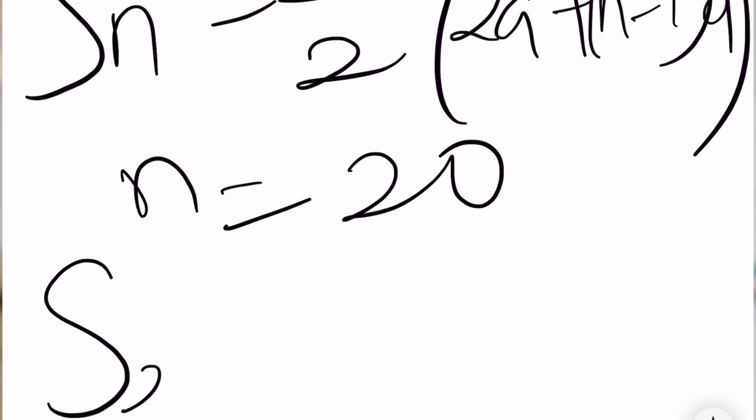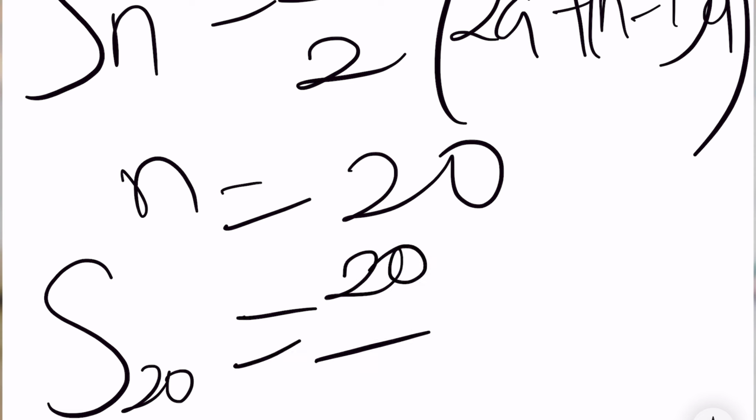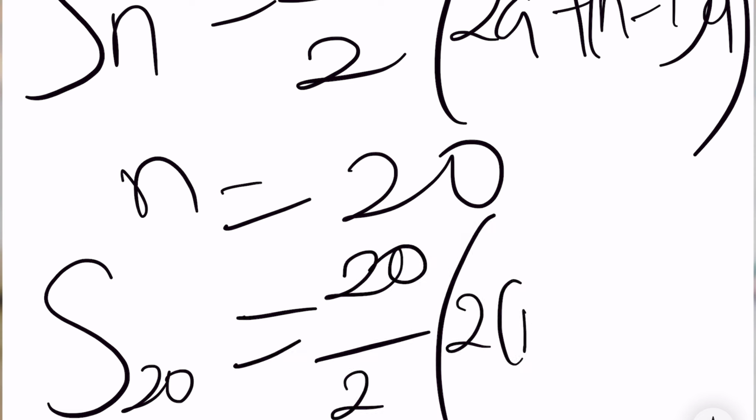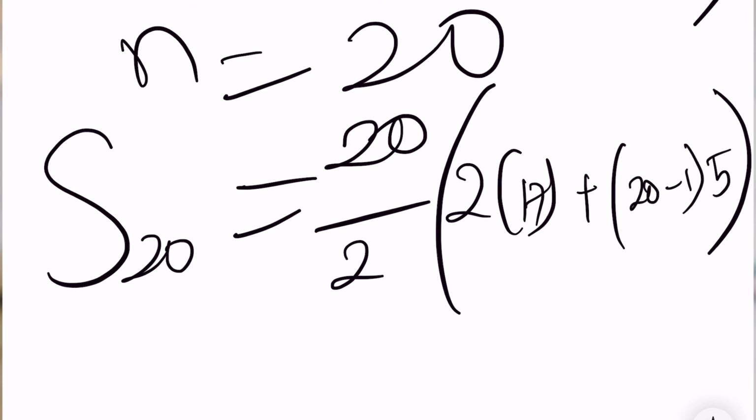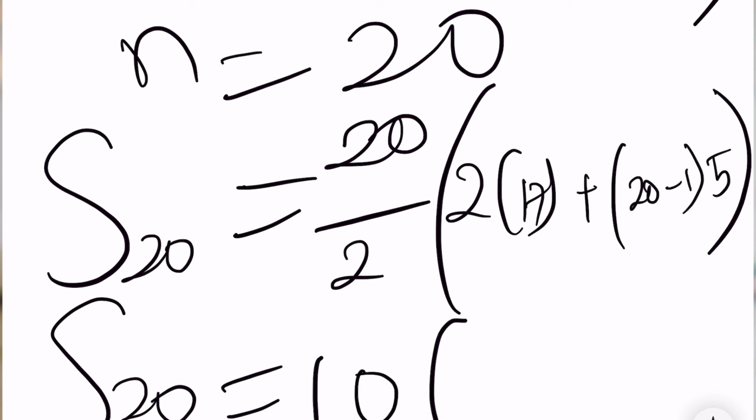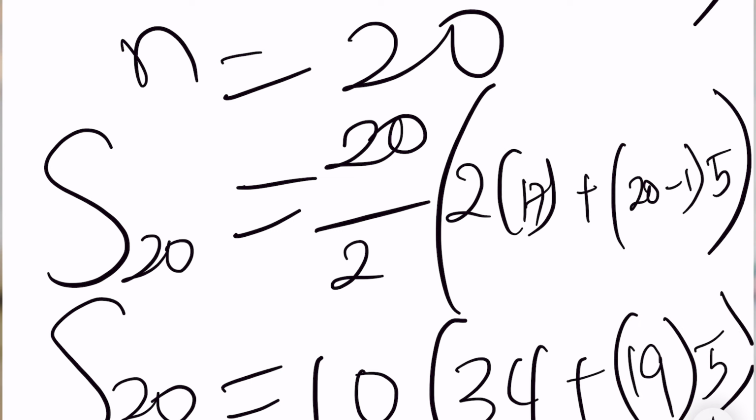So we have S20 will now be 20 over 2 into bracket 2 into 17 plus (20 minus 1) into bracket 5. So S20 will now be 10 into bracket 2 times 17 is 34 plus 19 into bracket 5.